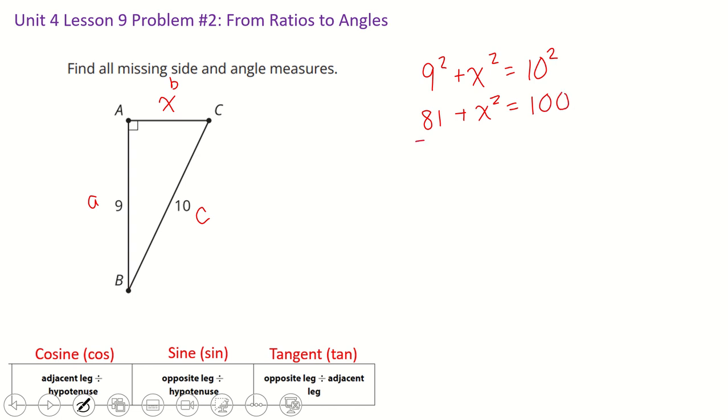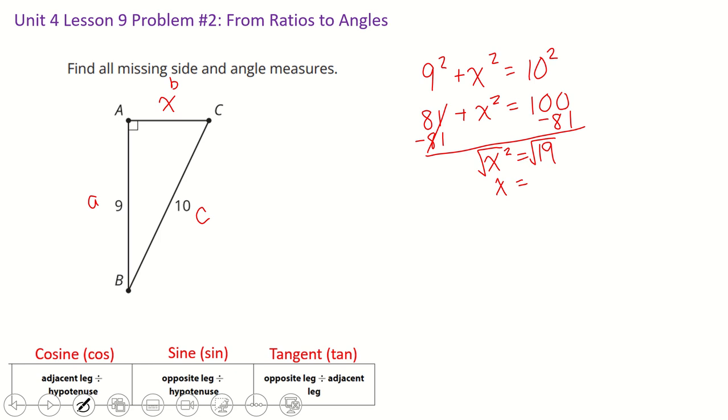To get x by itself, I will subtract 81 from each side. 81 minus 81 is 0. I have x squared equals 19. And then I have to take the square root of each side because I do not want x squared.